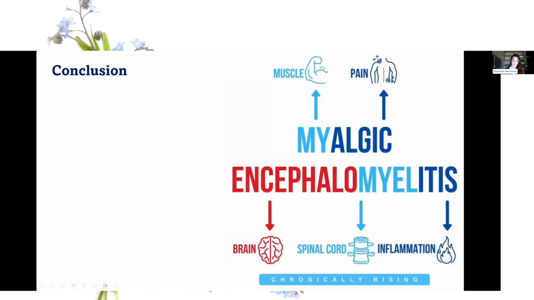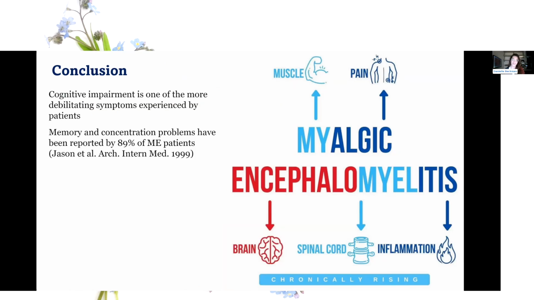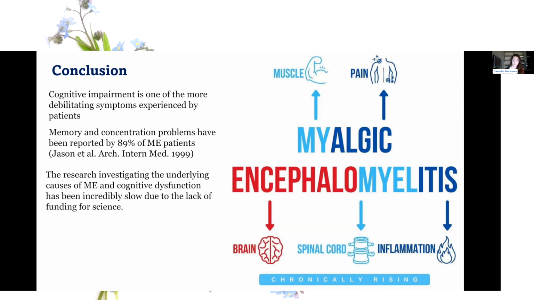But the reality is that ME is not anxiety. Brain fog is actually very real, it is a real disease, and the majority of patients with ME have cognitive problems. We're trying to understand, and there's still a lot that we need to do. We're barely touching the surface.